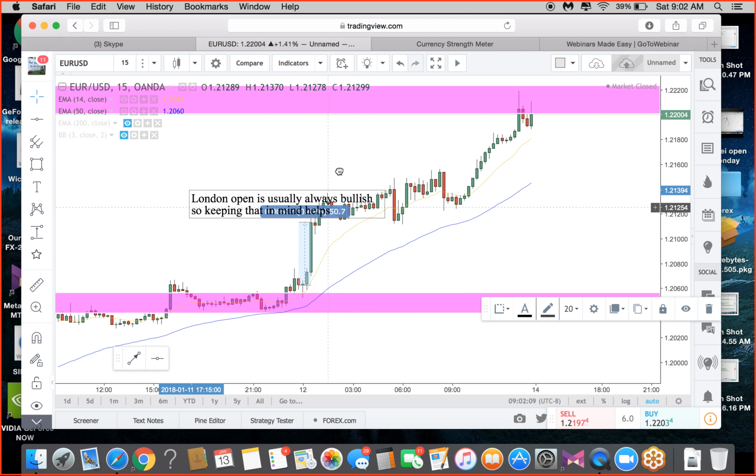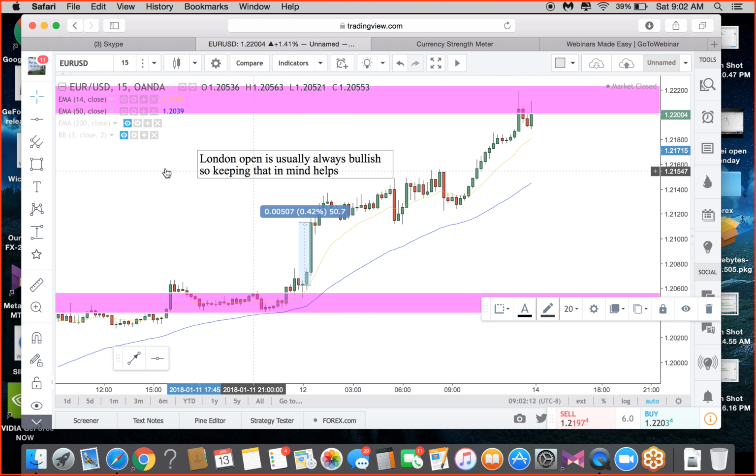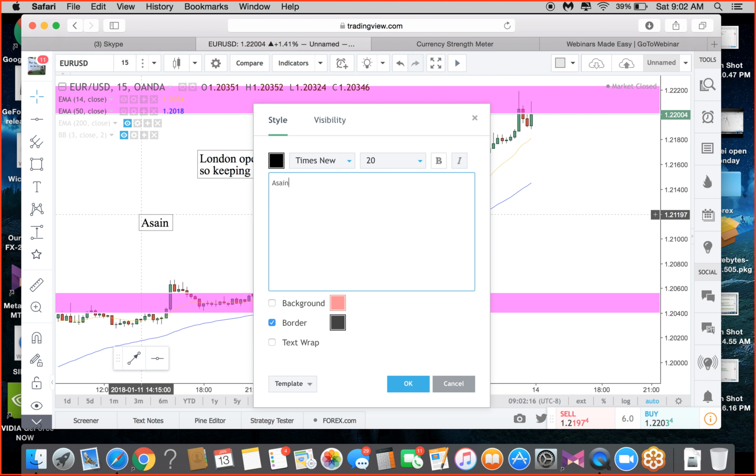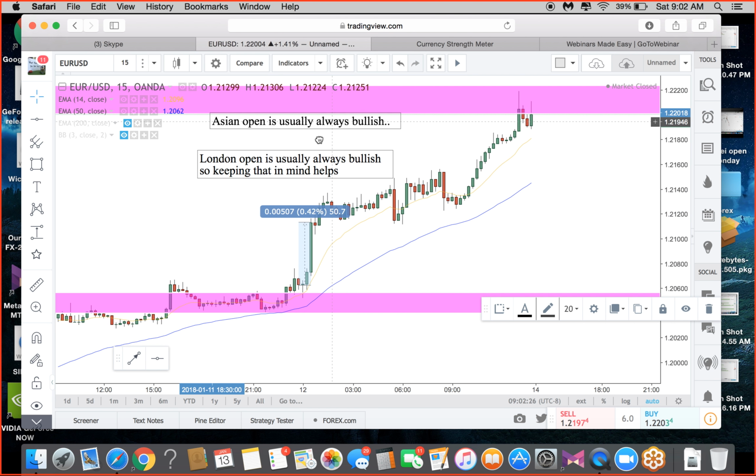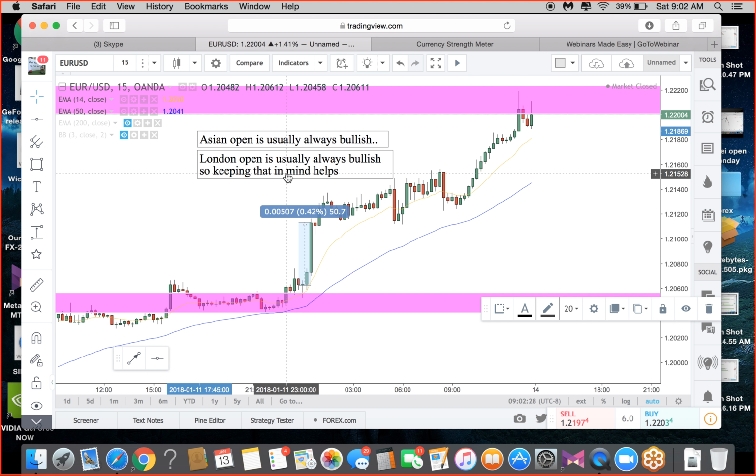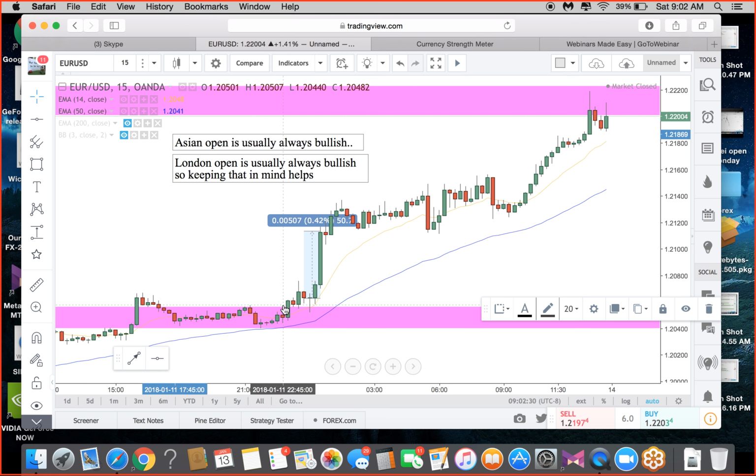Asian Open's usually always bullish. Just little tricks to keep in the back of your mind. So if we're trading London, let's see what it did.